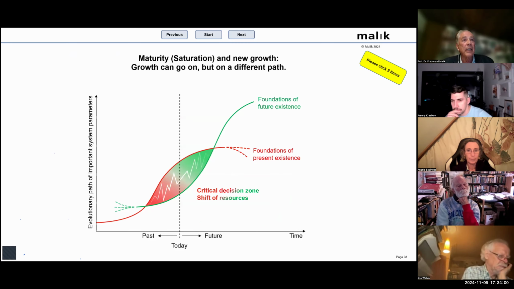Next one, again, this one: maturity, saturation, new growth. Growth can go on, but on a different path. And you see, this is the ideal line, the optimal path of development.